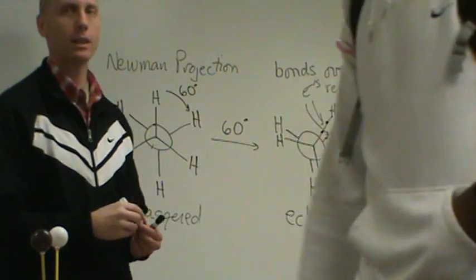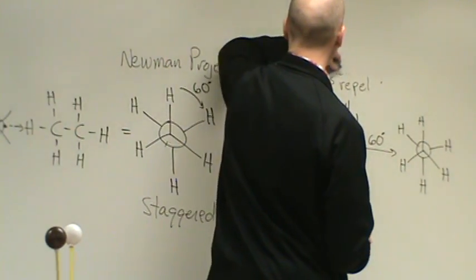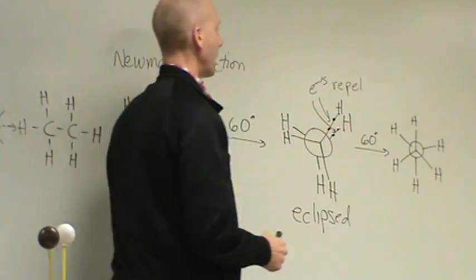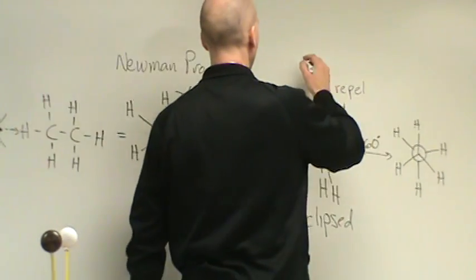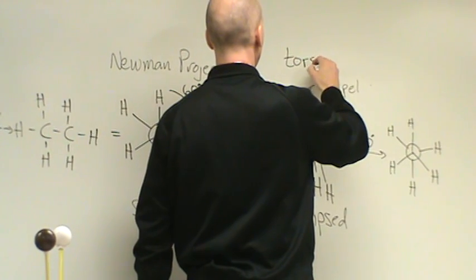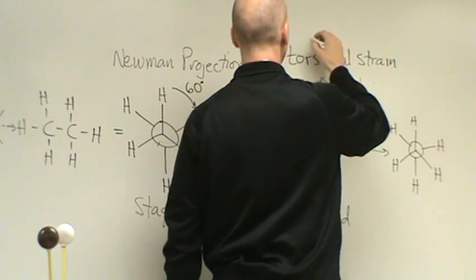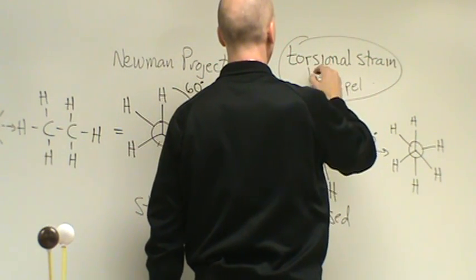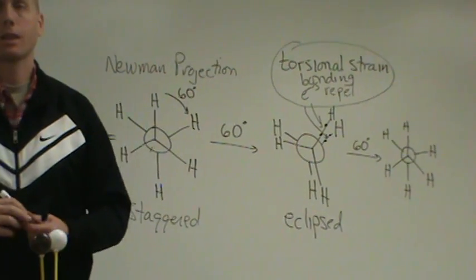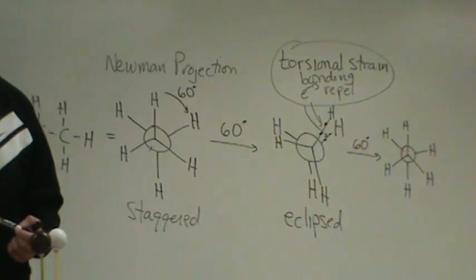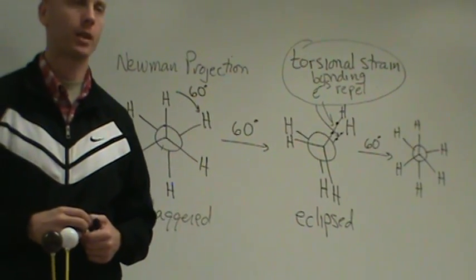So you get the repelling of electrons. And that creates a strain in the molecule that we call torsional strain. So torsional strain is when you have an eclipsed conformation and those bonding electrons are repelling each other.